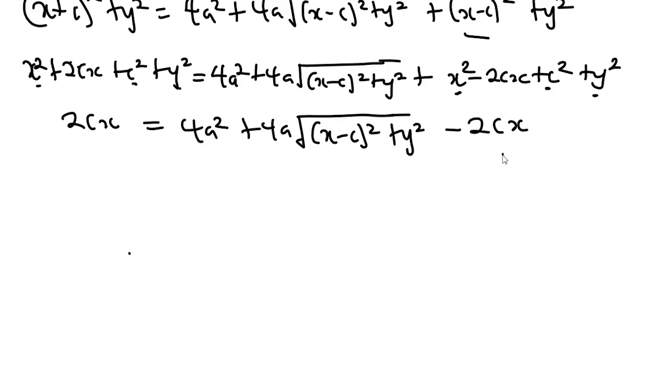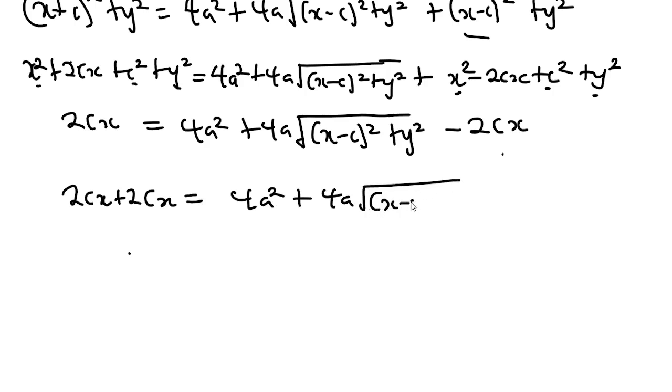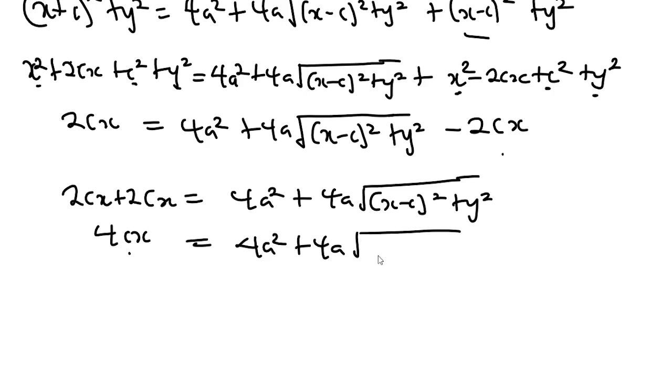We can decide to bring this one to the other side. Now I have 2cx plus 2cx being equal to 4e squared plus 4e root of x minus c squared plus y squared. And this is going to give us 4c squared x being equal to what? 4e squared plus 4e root of x minus c squared plus y squared.